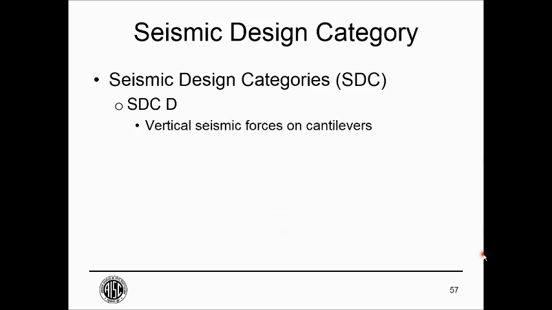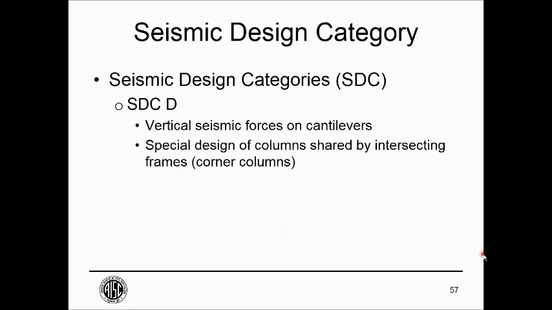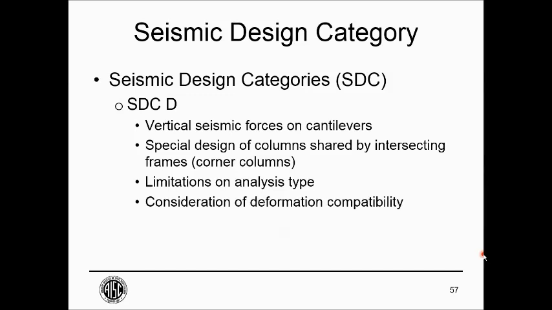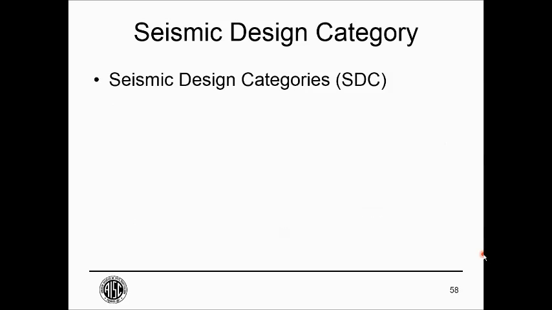There are also vertical forces on cantilevers, some special design of columns shared by intersecting frames, limitations on analysis type, consideration of deformation compatibility, and some foundation design requirements. Okay.